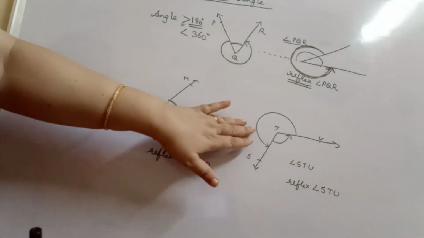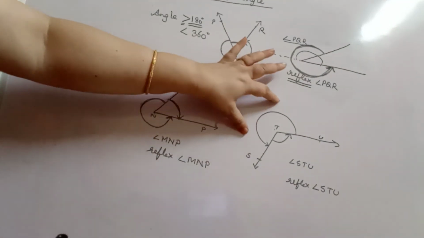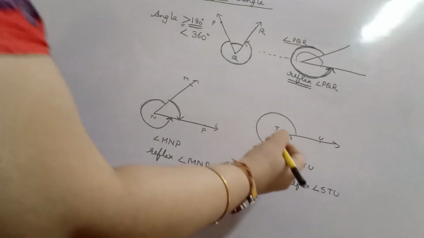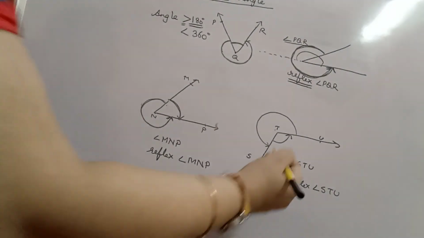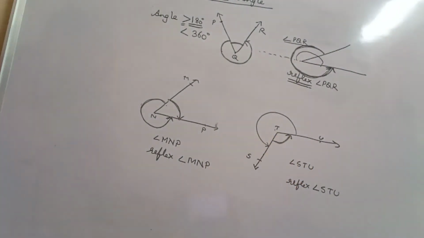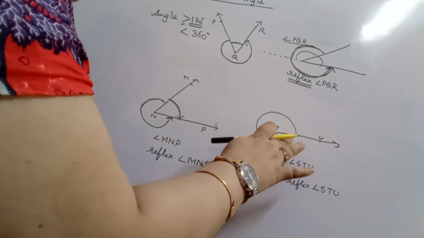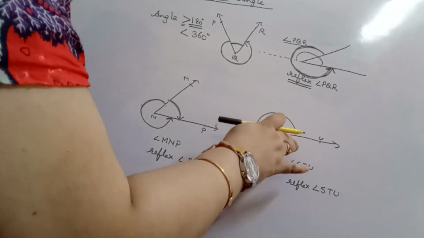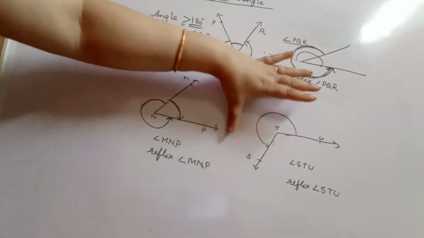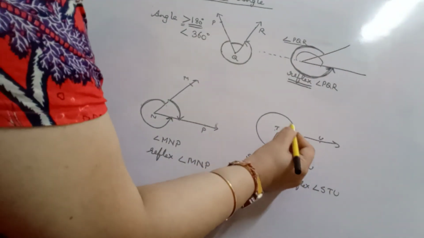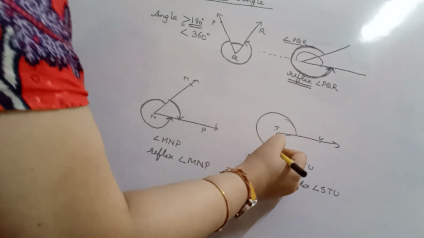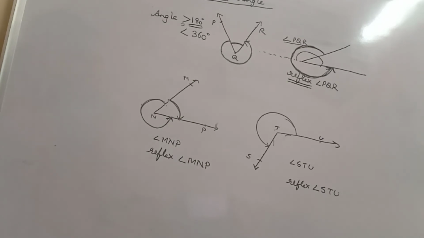So are you able to know what is reflex angle and what is a simple angle? So students get confused in this case also, that how to mark the reflex angle. So how to mark? If I remove this marking, the opened mouth, the very wide angle is giving, the mouth is here, the wide angle is reflex angle.